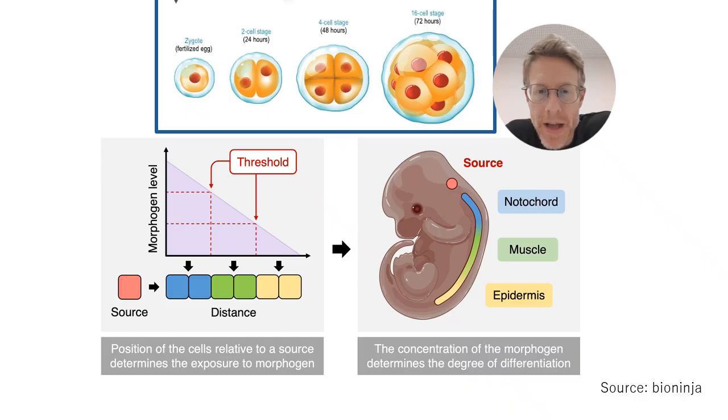During development, after we get that zygote forming, we start to see differentiation almost right away, even at the 2-cell stage, which is about 24 hours later. The reason for that is asymmetries in certain chemicals called morphogens. So what's an asymmetry?